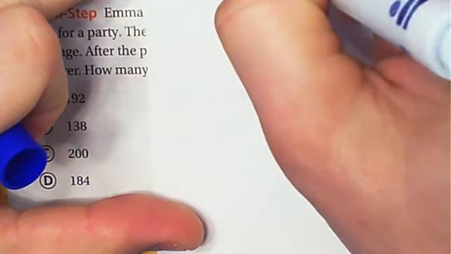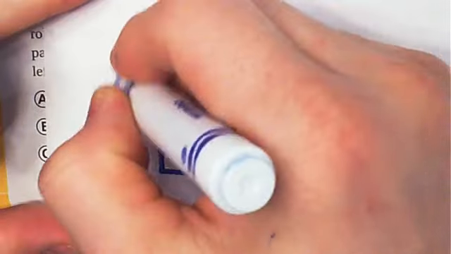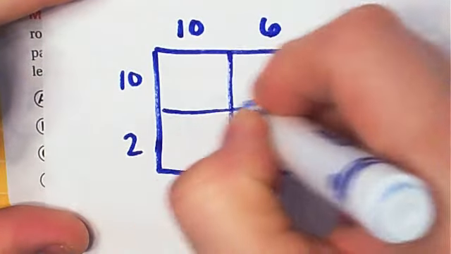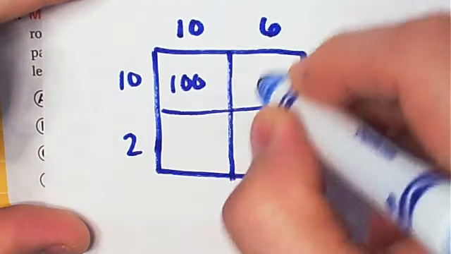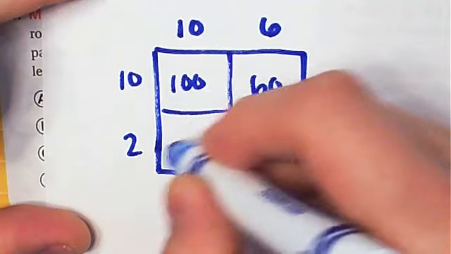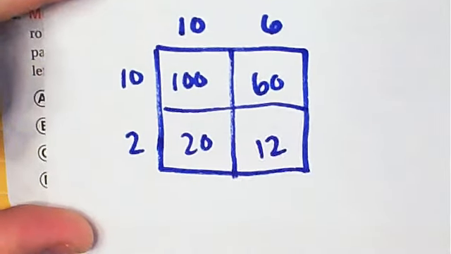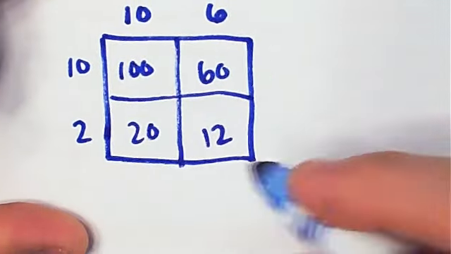So we have 16 and 12. So 16 is 10 and 6, and 12 is 10 and 2. Make our box. 10 times 10, 100. 10 times 6, 60. 10 times 2, 20. 2 times 6, 12.